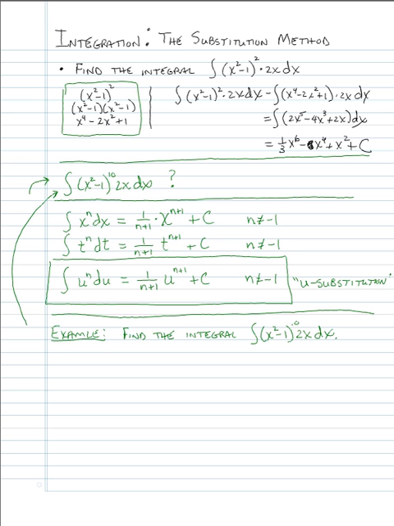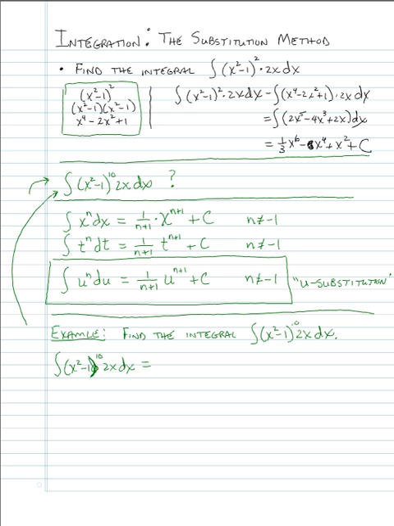That's what we're going to find. Let me get started and rewrite the problem over here: the integral of (x squared minus 1) raised to the power 10, 2x dx. That's how we're going to get started.